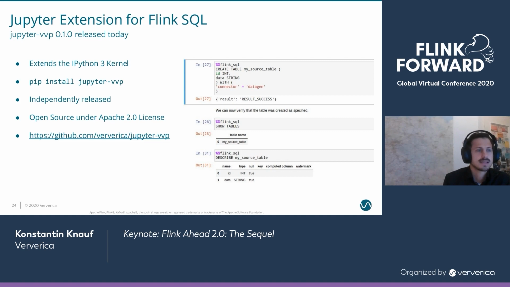It basically just marks cells as Flink SQL cells, and then you can execute Flink SQL statements right from your Jupyter notebook. It's open source under Apache 2 license, independently released from the platform. It has not yet reached feature parity with the editor. In particular, you cannot do these preview queries yet. But since we release it independently, we can iterate quickly on that.